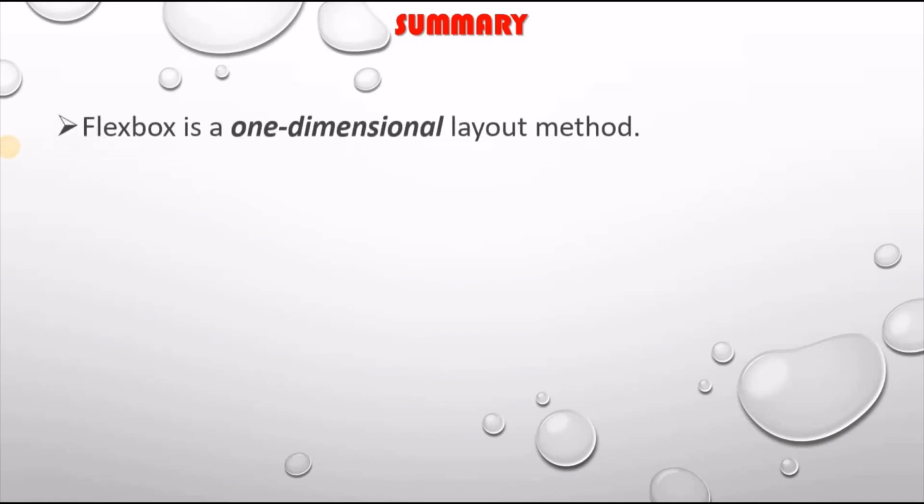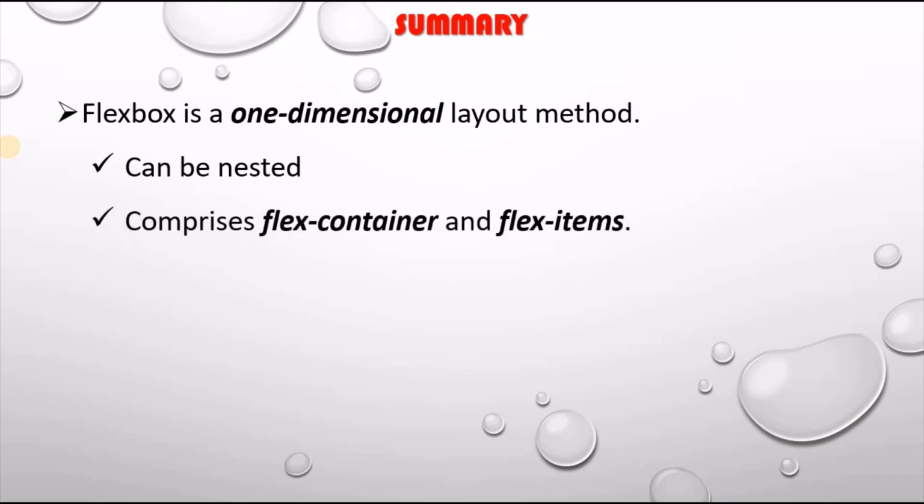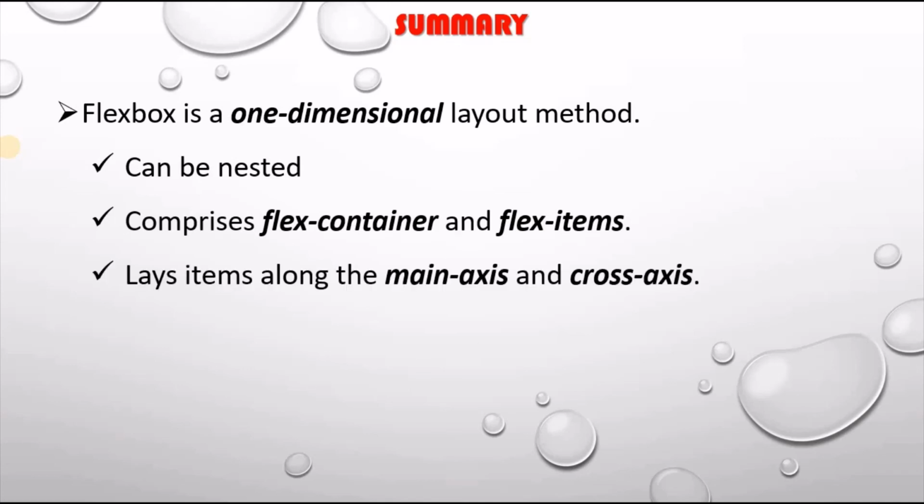Right, in conclusion, here are the main points that you should take home. Flexbox is a one-dimensional layout method, but it can be nested to form complex layouts, which surpasses other layout methods that precede it. It comprises a flex container and flex items. It lays items along the main axis and the cross axis.